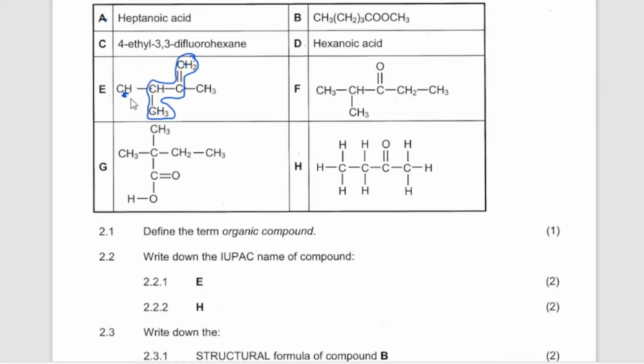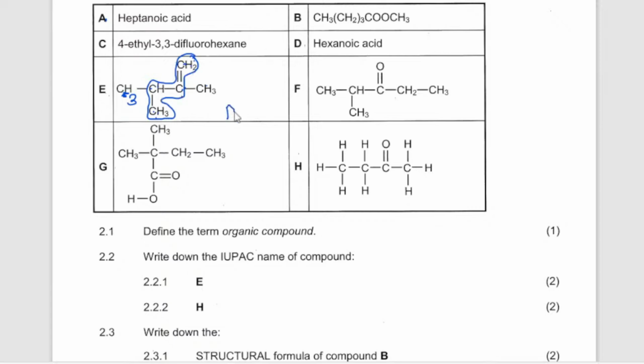It's supposed to have a 3, but they didn't put a 3 there, so that it is a methyl. But let's just assume that we put a 3 there so that we have a correct naming as methyl. All right, so it's going to be 1, 2, 3, 4.